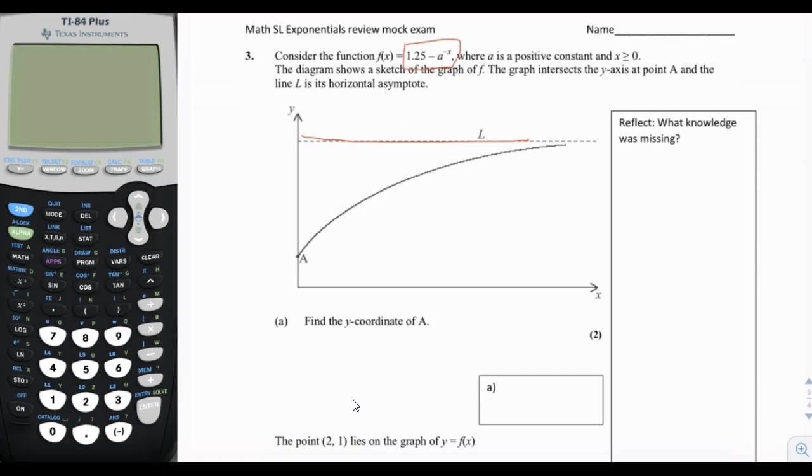So the first thing it asks us is, find the y-coordinate of point capital A. So we have the function, but it's not a complete function. We don't know what a is. Now what is the x-coordinate of A? The x-coordinate of A is obviously 0, right? Now if we put in 0 for x here, we're going to get 1.25 minus a to the negative 0, which is just a to the 0, right?